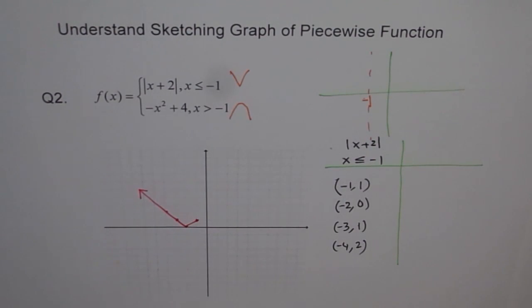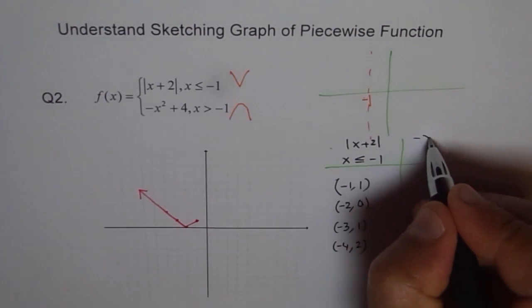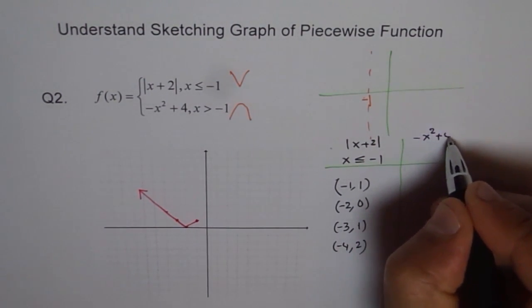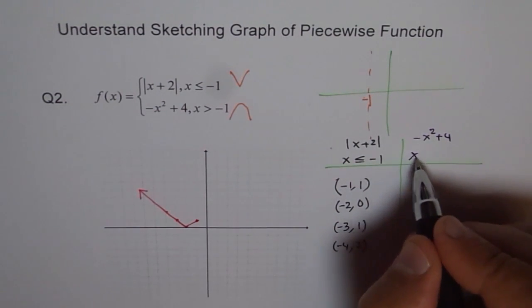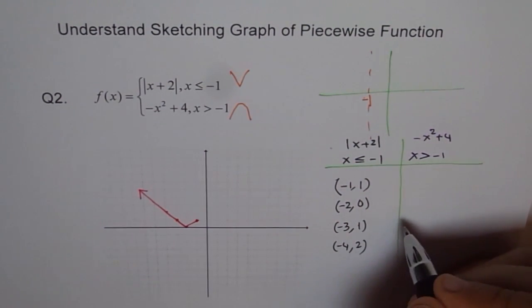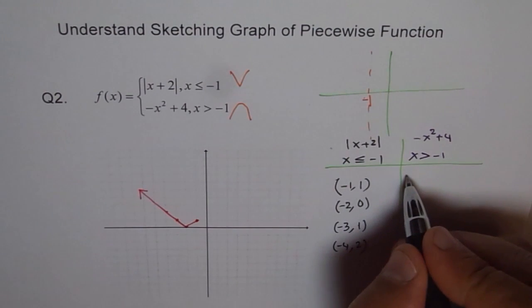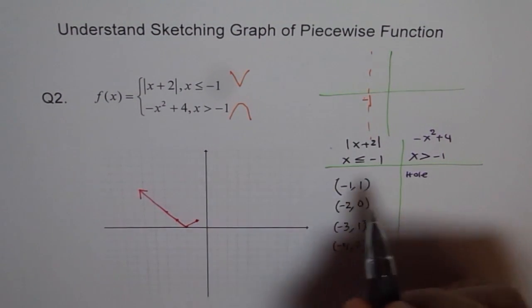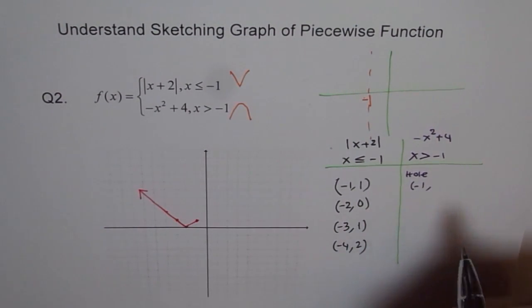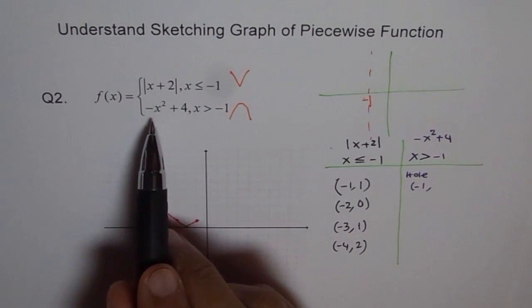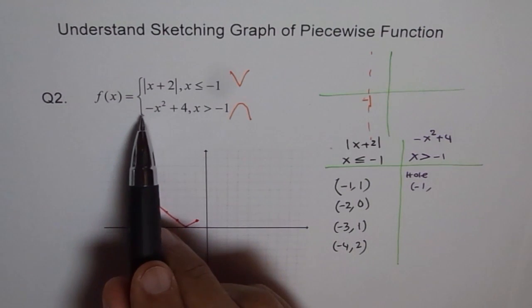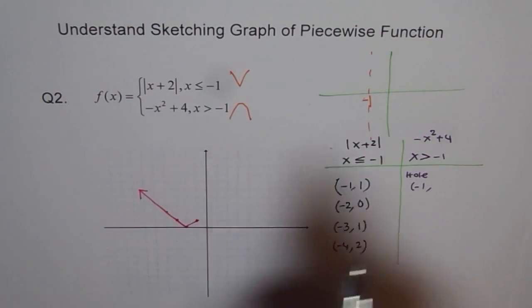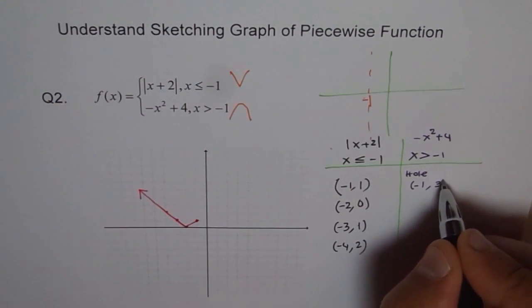Now the other function, which is the parabola. Let's put this equation here, which is -x squared plus 4, and we want to go for values more than -1. So let's start with the first value, and remember we have to start with the hole, right? So we start with the hole and say -1 will give us what? -1 squared is +1, but there is a minus outside, so it again becomes -1, plus 4, which is 3, correct?